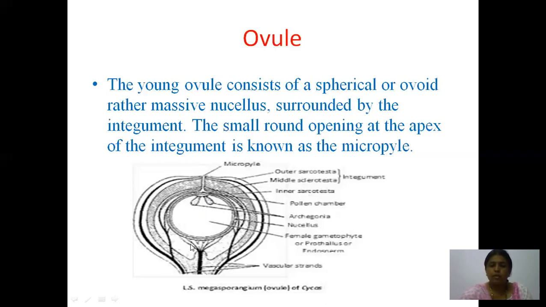The embryo has a suspensor and a basal part, and 2 to 3 suspensors combine to form a compound structure. After that, one embryo will survive, and the embryo will germinate to produce the plant. Thank you.